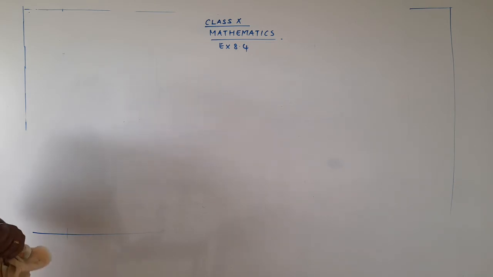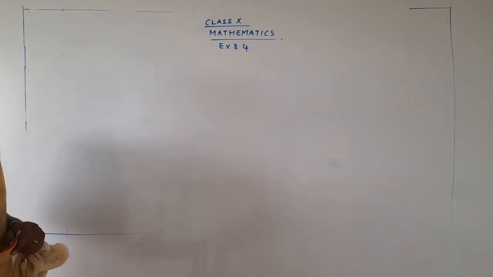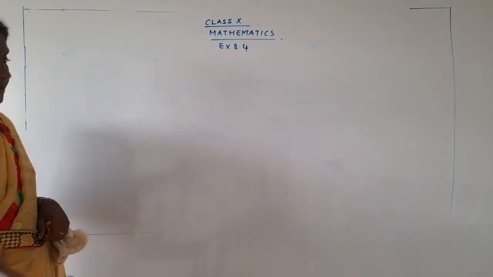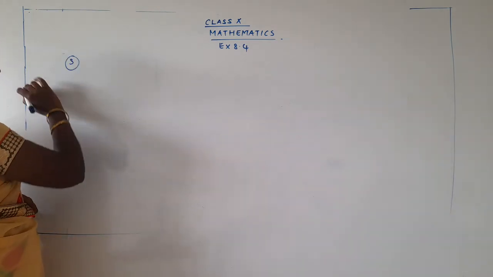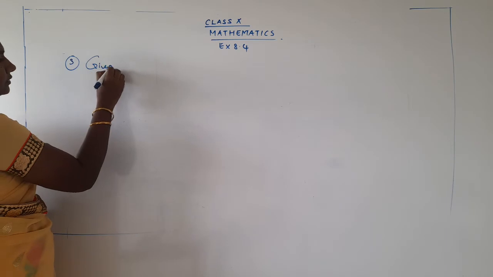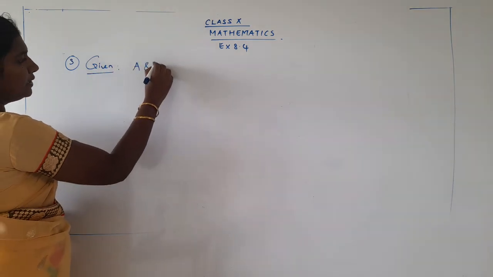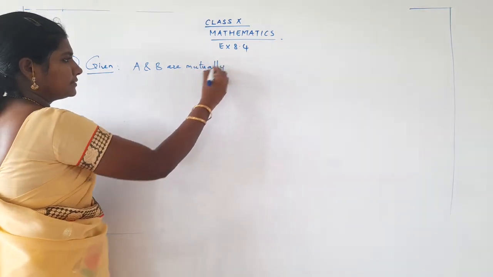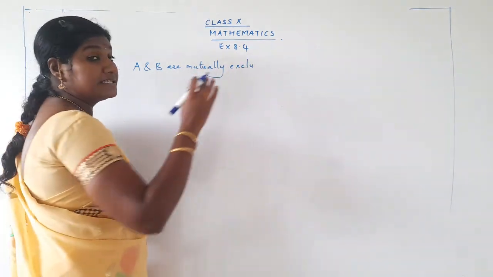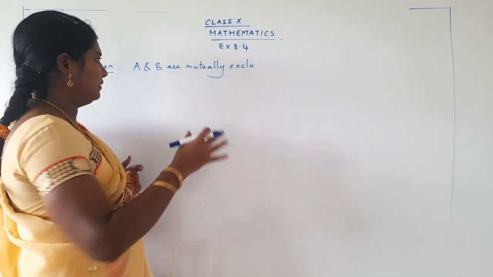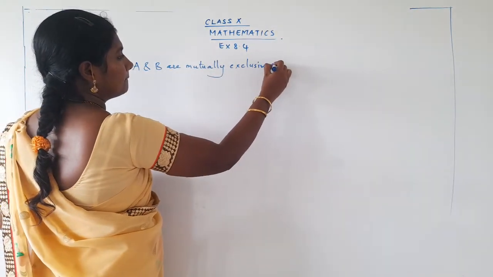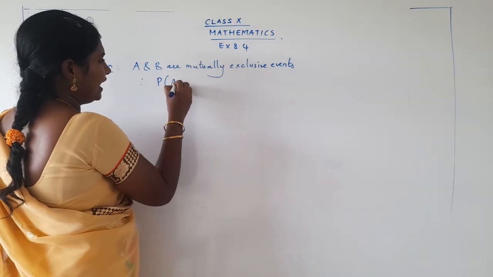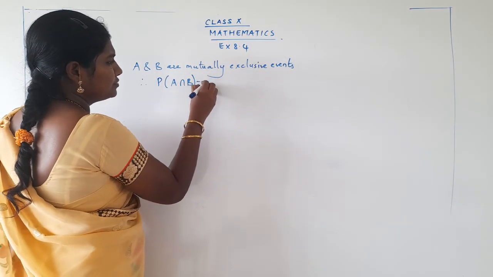Here they are saying that the events are mutually exclusive. That means A intersection B is equal to 0. I'll write down the given part here. Given: A and B are mutually exclusive events. That means there is nothing common between A and B. Therefore, P of A intersection B is equal to 0.